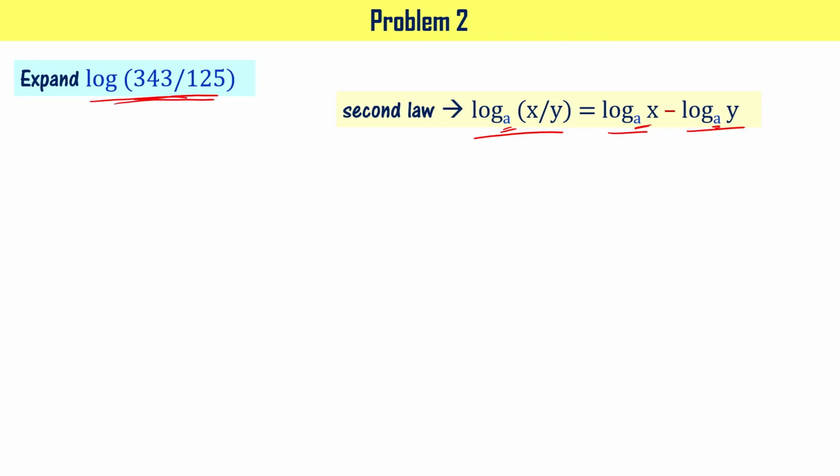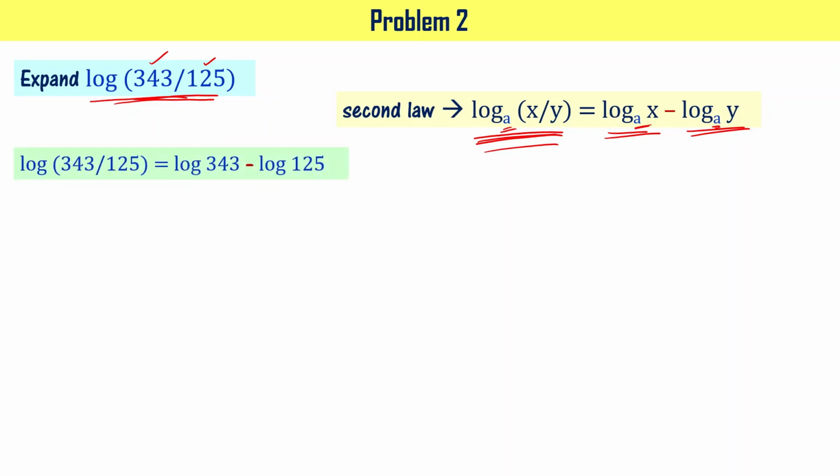We simply say that log x by y equal to log x minus log y, right? When you compare the given problem with log x by y, you say that 343 is the x and 125 is the y, right? It means log 343 divided by 125 can be written as log 343 minus log 125, right?